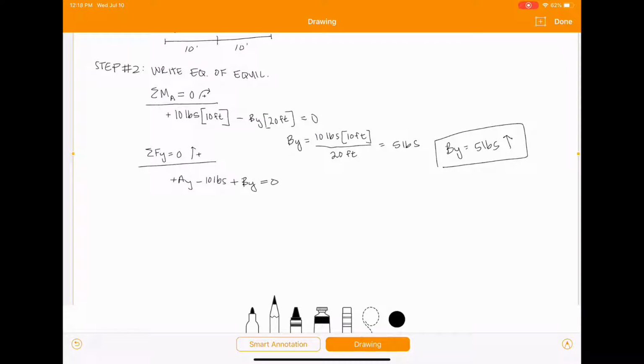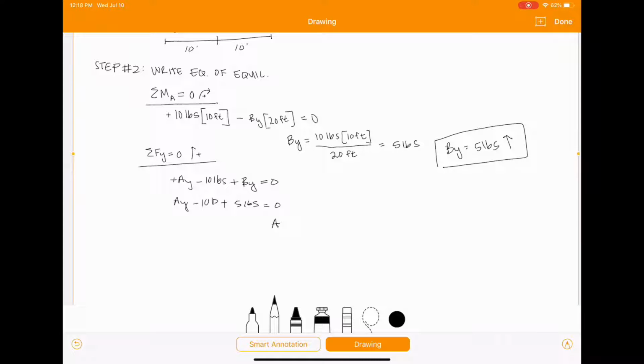Now, we solved for BY in the last problem, so we can go ahead and plug that into this equation. AY minus 10 pounds plus BY, which was 5 pounds, that equals 0. So now we've got one unknown, so we can solve for AY.